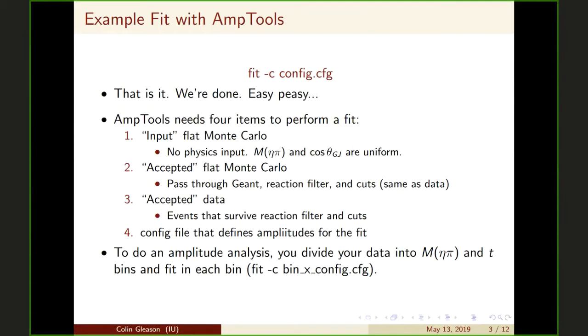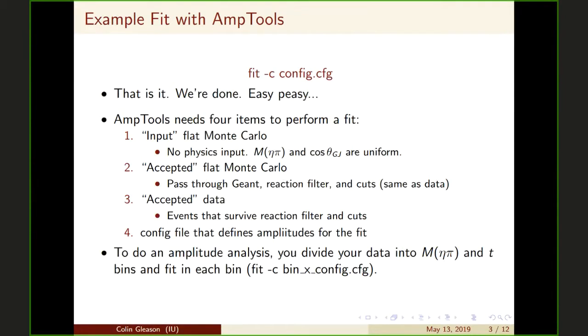Well, you want to make sure that the effects you're seeing are actually effects due to physics and not due to detector acceptance, because detector acceptance will also modify the observed angular distributions of particles, because the detector is not perfect. And so what AMP tools does is it tries to match the data to some physics model times the detector acceptance. And to do that, you have to tell the package a little bit about what the acceptance is. And so it does that by really, the key thing in that is just this accepted Monte Carlo.